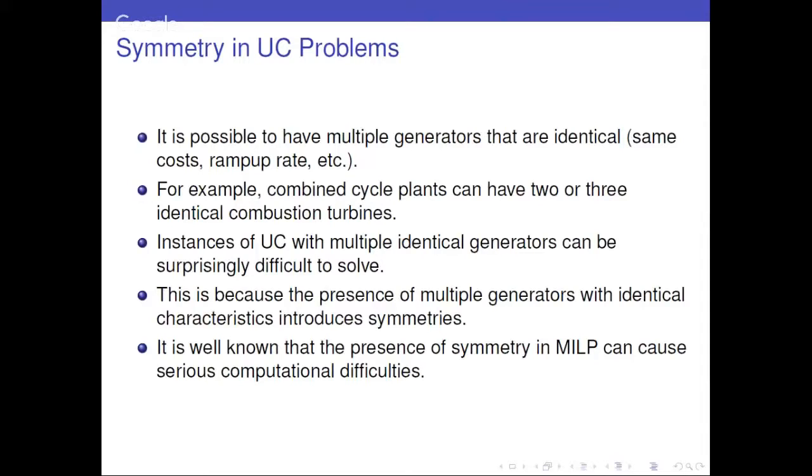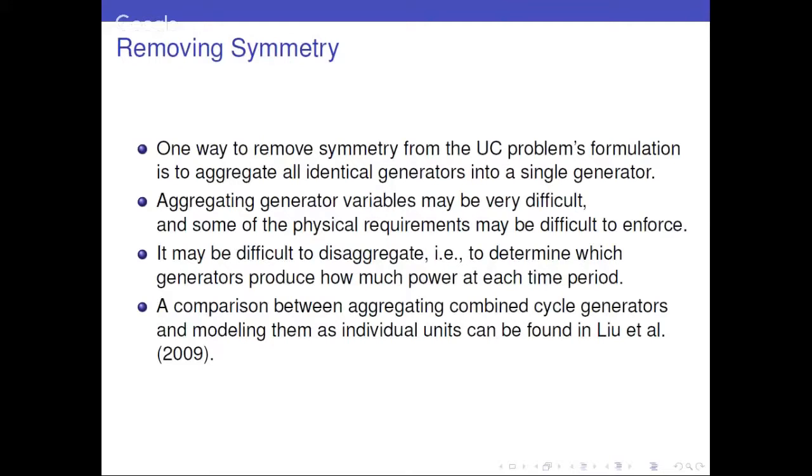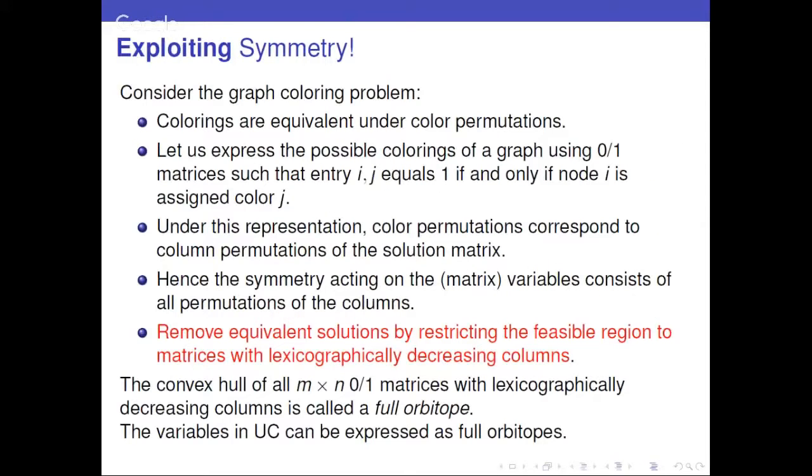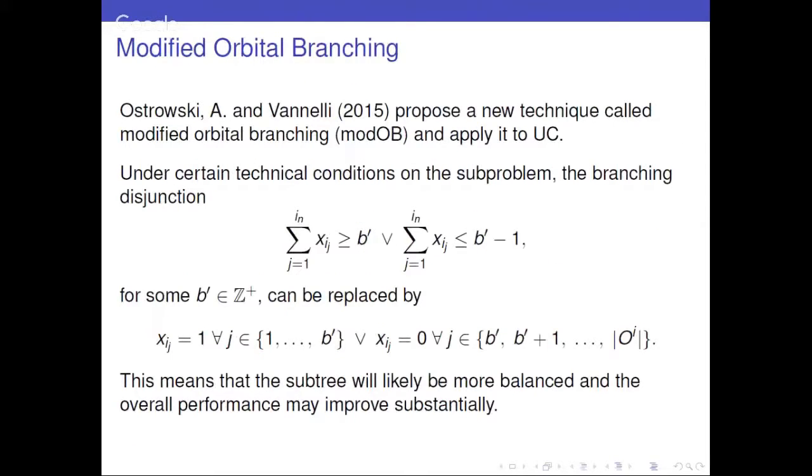And one straightforward way of handling it is to aggregate them into a big one, solve the commitment for the bigger one, and then disaggregate. But in practice, that can create some issues. So what we looked at was a way of taking advantage of the symmetry. And I'll just skip ahead a few slides to get to the basic idea.